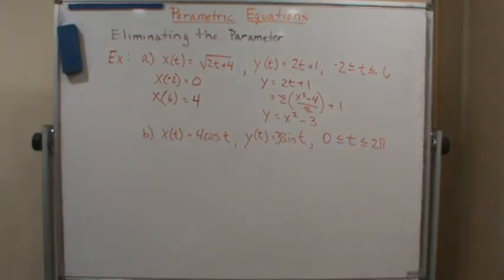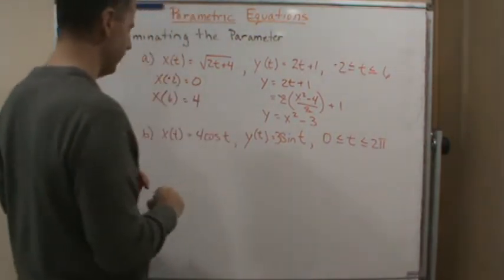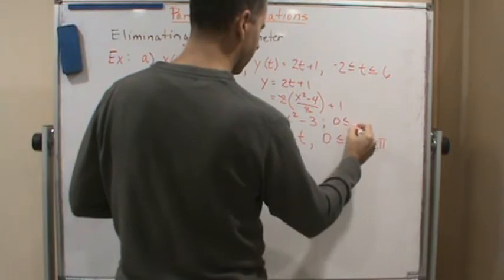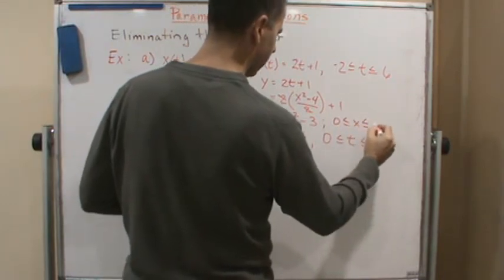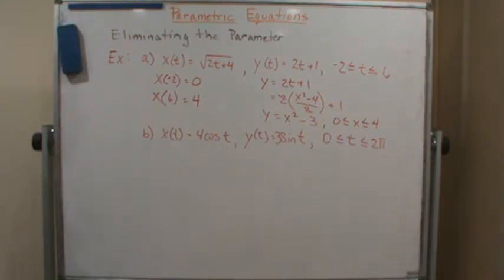And so our domain then is for x on the interval from 0 to 4. And then of course we can graph this and see what it looks like.